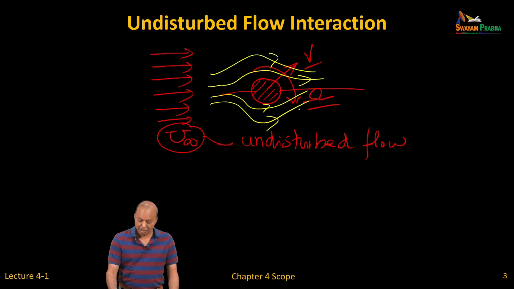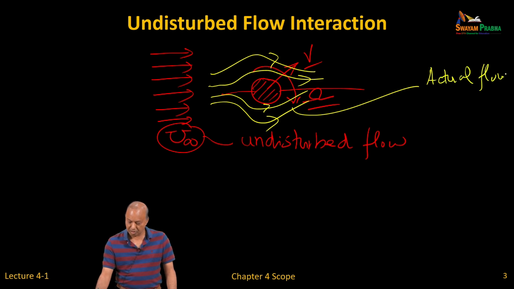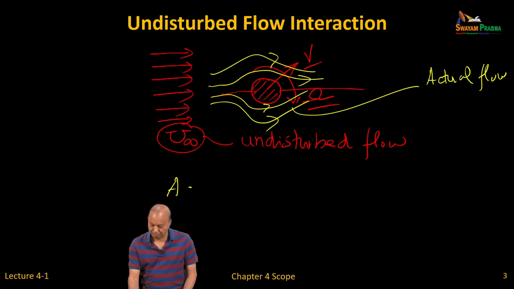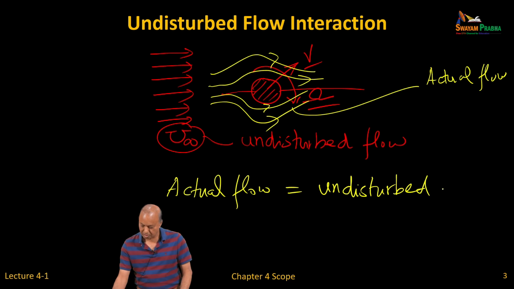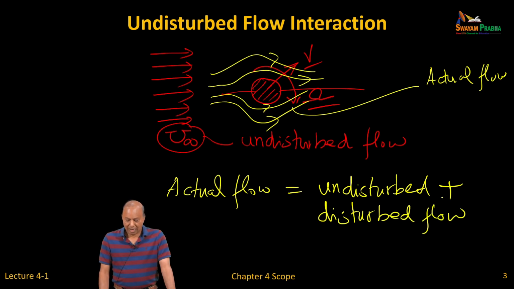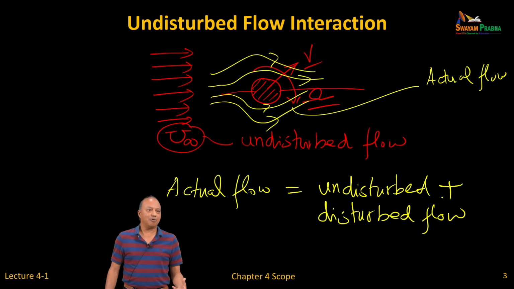So this is what you will call the actual flow, and this actual flow is undisturbed flow plus disturbed flow. If the Reynolds number is small, the disturbance flow will be the Stokes flow. Okay, there will be a Stokes flow around it.